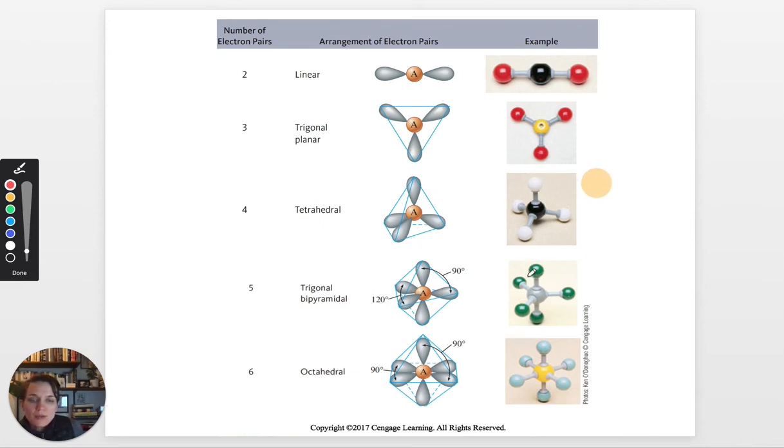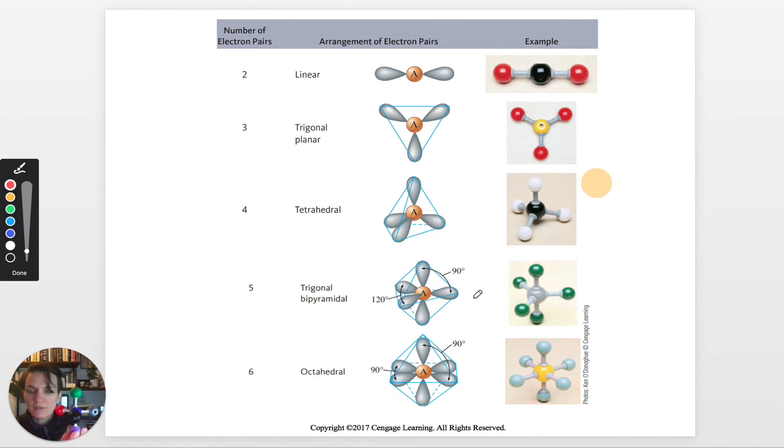And this is where you're going to have a little bit more tricky angles to work with. So let me just work with this model I have really quickly. Okay, so this would be my trigonal bipyramidal.